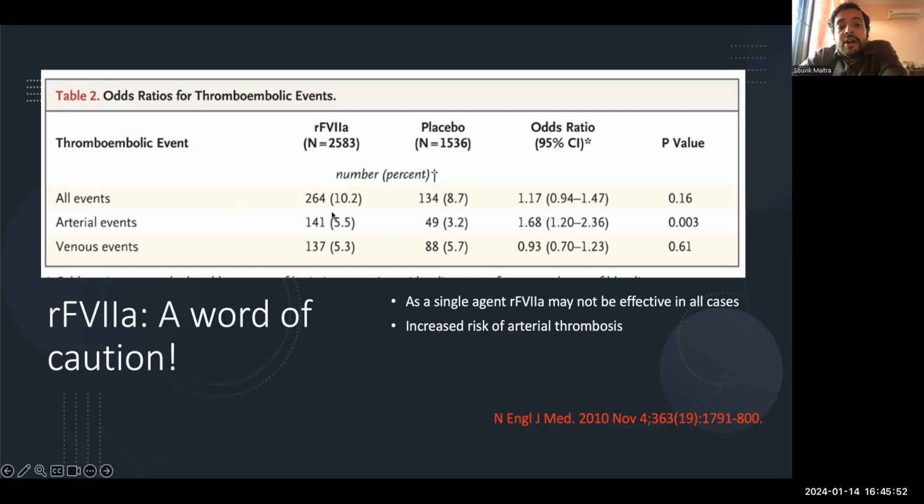But in case of arterial thrombosis, there is a significantly increased incidence with the use of recombinant factor 7A. Particularly, this risk is higher in patients who are older or who are already at risk of arterial thrombosis, like patients with dyslipidemia or arteriosclerosis. So use of factor 7A in this clinical scenario should be discouraged or should only be used when it is absolutely necessary.